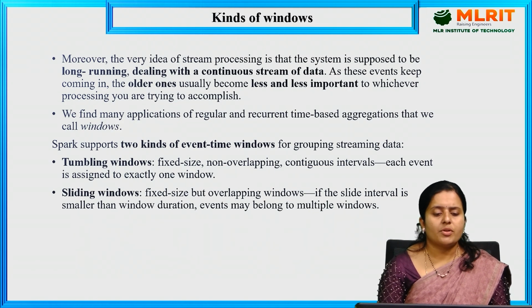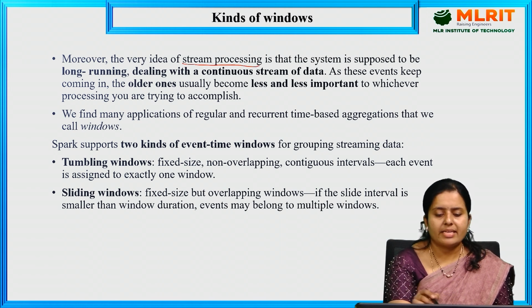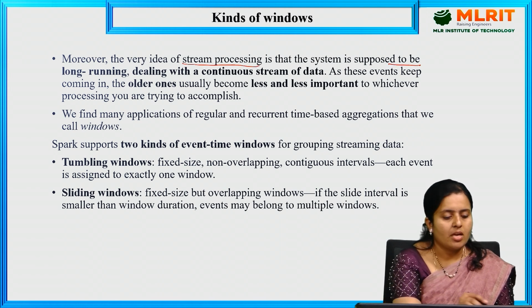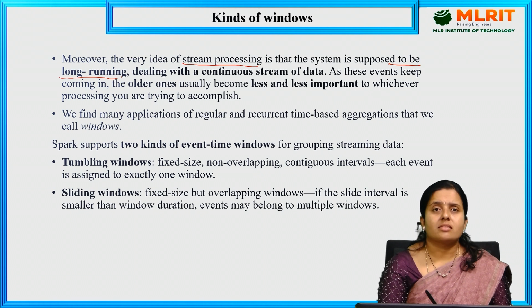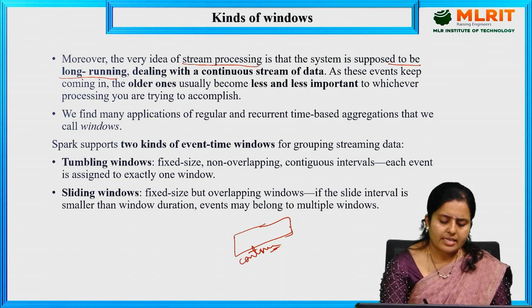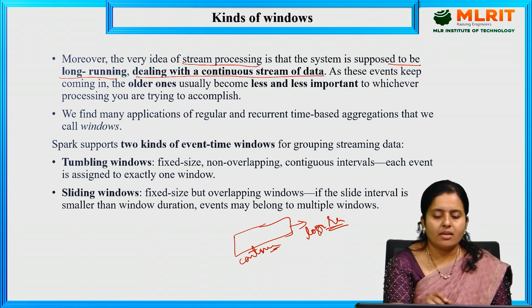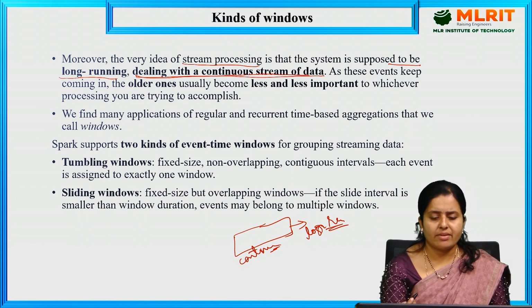Now let's move on to the continuous topic. The very idea of stream processing is that the system is supposed to be long running, as a stream involves a continuous flow of data. Each and every event occurs continuously over a long run, and we can calculate those events according to time.